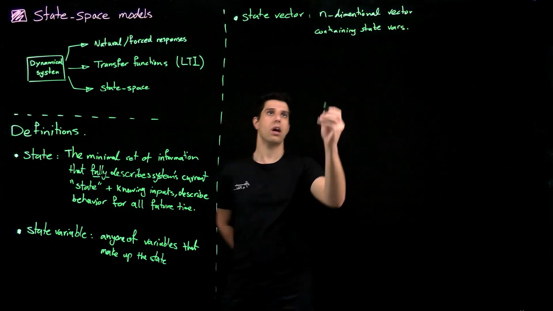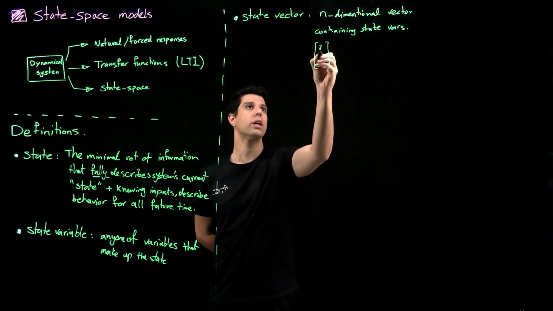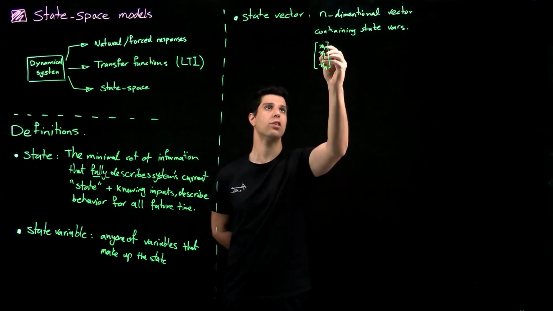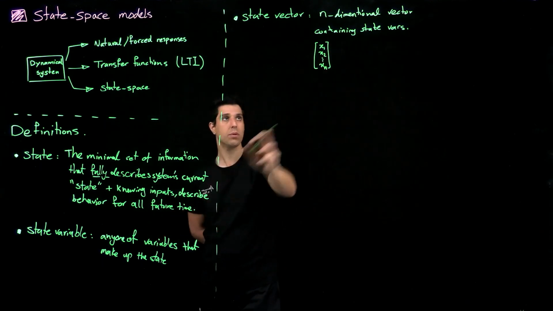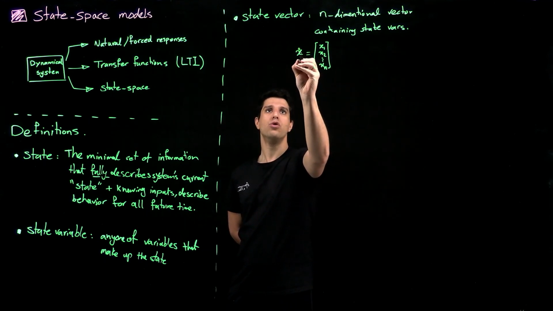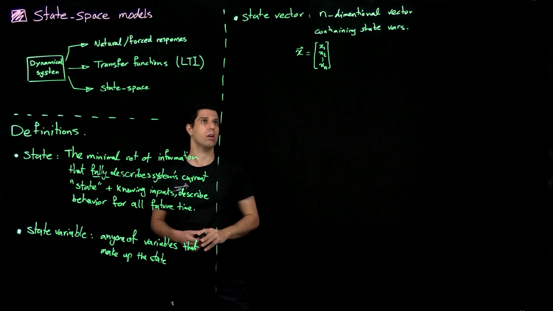It's just a vector of numbers, and each of those x1, x2, to xn is one of these state variables, and this is our state vector. Usually we denote it by x, but not always.